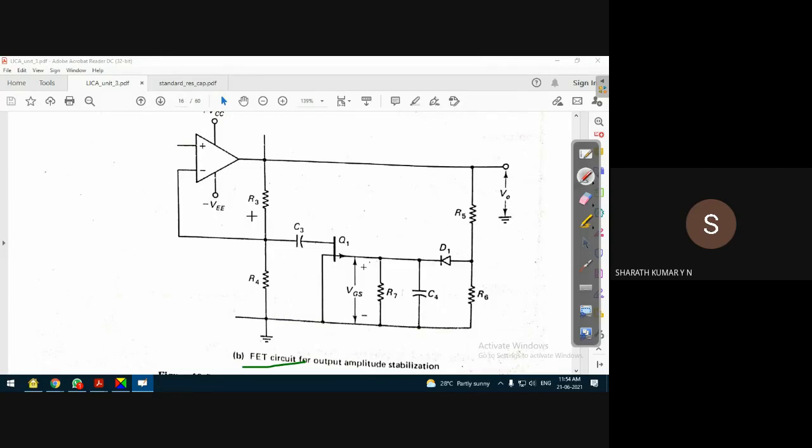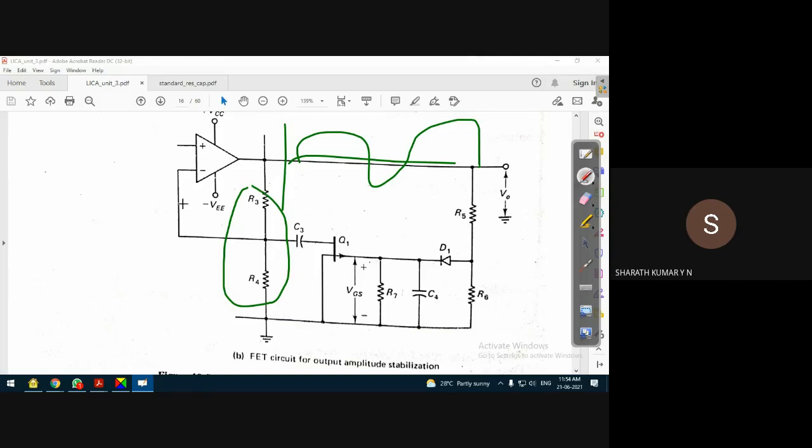This circuit looks a little complex, of course. The normal circuit has only this network, that is R3 and R4. The output voltage of the Wien bridge oscillator is divided using R3 and R4. A part of the output voltage is fed back as an input voltage to the inverting input terminal.